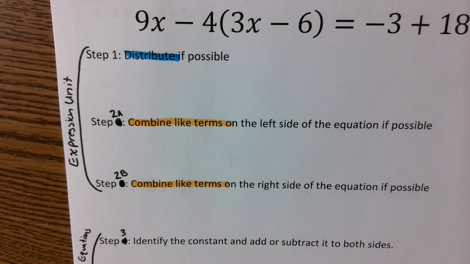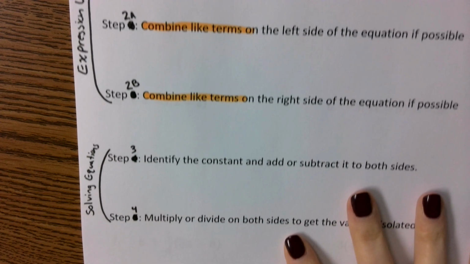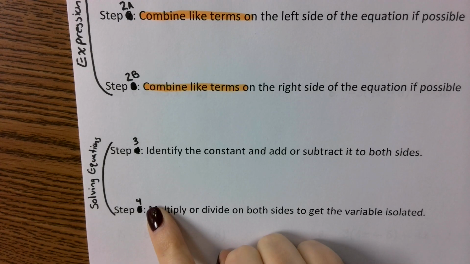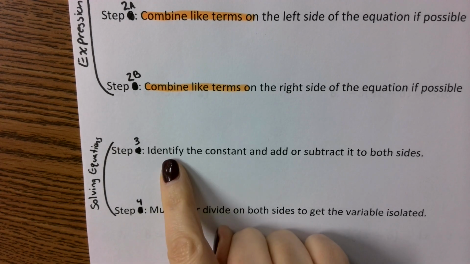And I just separated them out as we're going to combine like terms on the left side if needed, and then we're going to combine terms on the right side if needed. Then we get to step 3 and step 4, and that's when we had our solving equations portion.